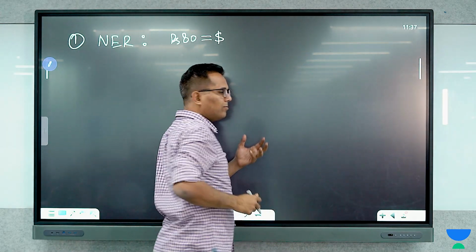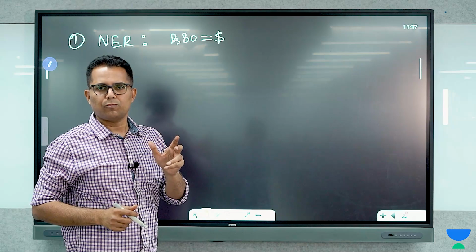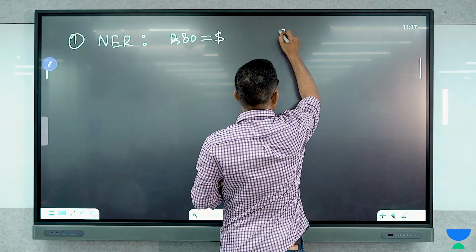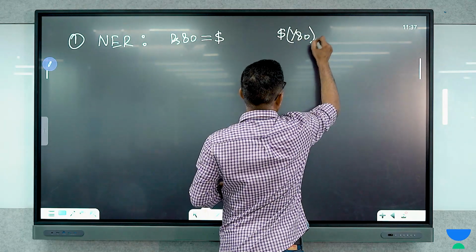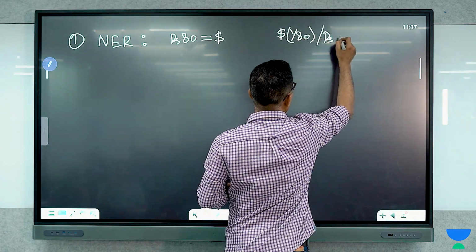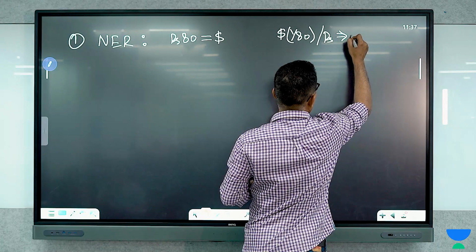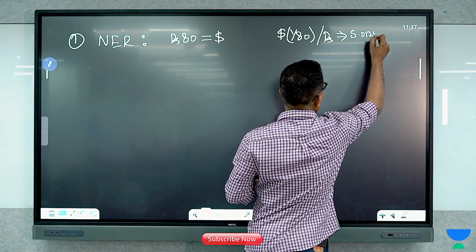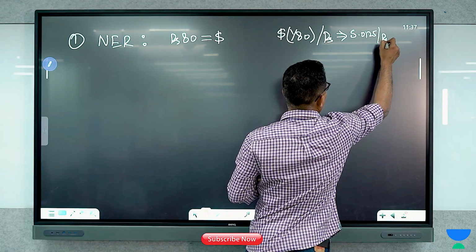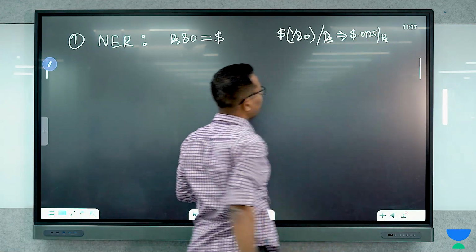That means number of dollars per rupee. Number of dollars is 1 by 80 per rupee. In this way, we will write this as equivalent to $0.0125 per rupee.